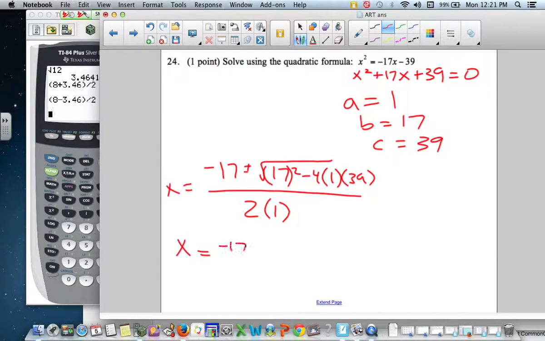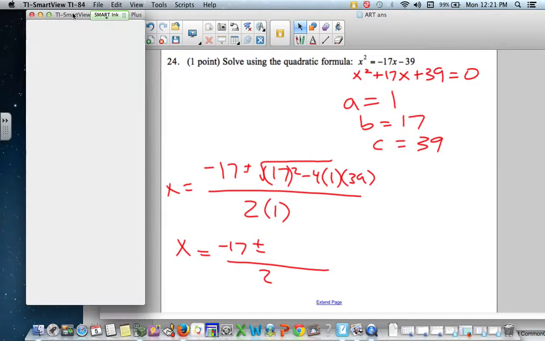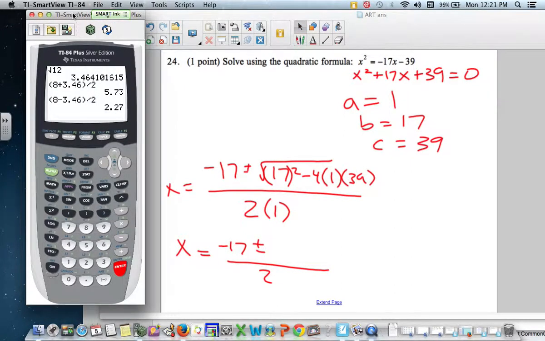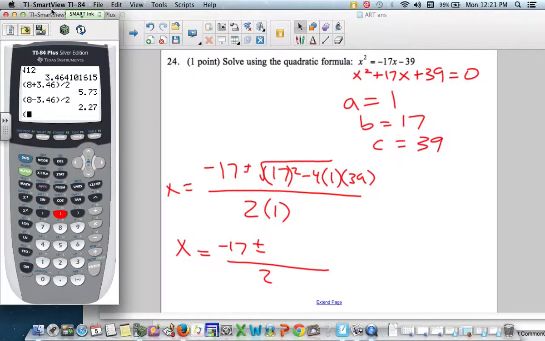So that's going to be negative 17. The 2 on the bottom. These are big numbers, so I'm going to use my calculator for help. I've got 17 squared minus 4 times A times C. So that's 133, and then I'm going to end up taking the square root of that, which is 11.53.